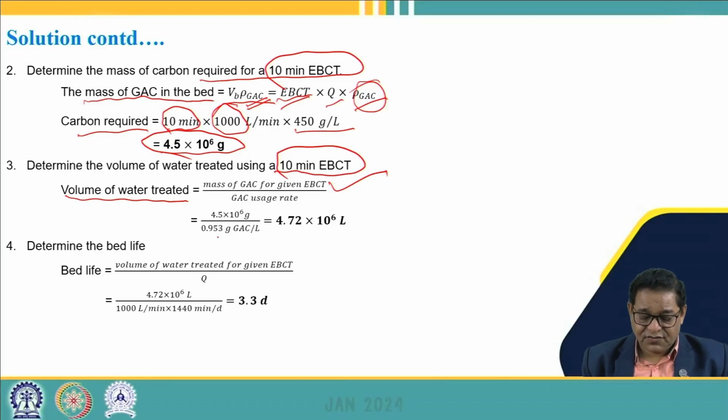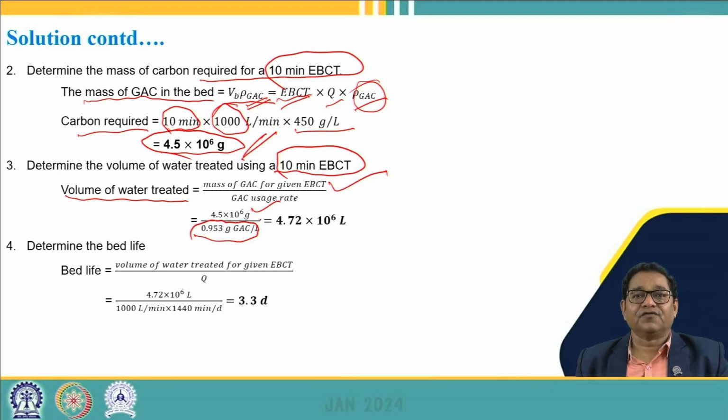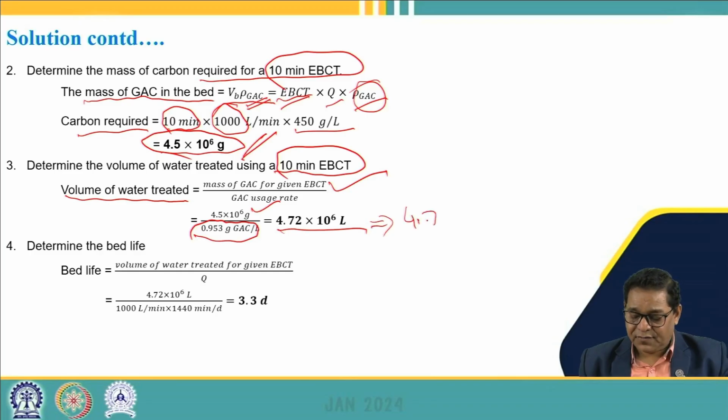The GAC usage rate we have already calculated, that is 0.953, and the amount of adsorbent that we are using we have calculated, which is equal to 4.5 into 10 raised to the power 6. If we divide these two, we get this value, that is equal to 4.72 into 10 raised to the power 6 liter, or we can say this is 4.72 million liter.